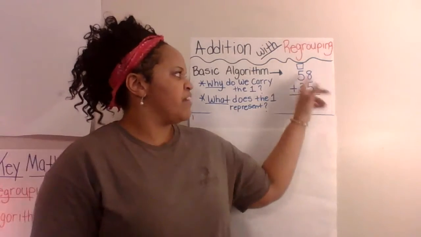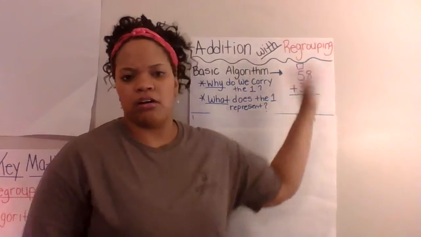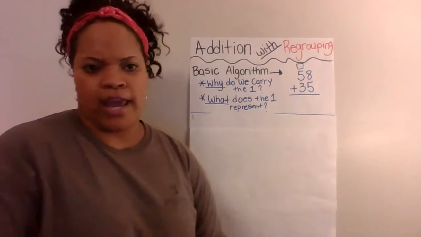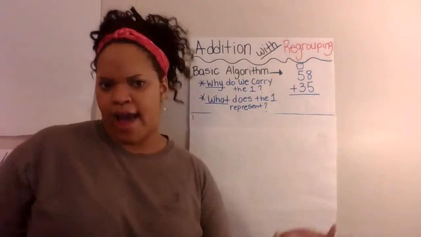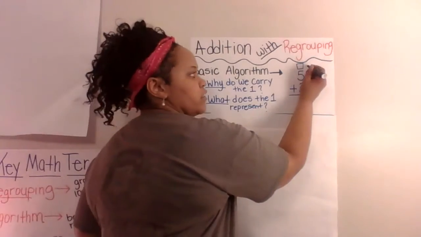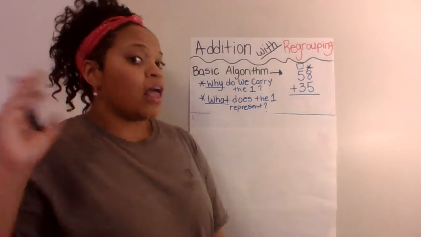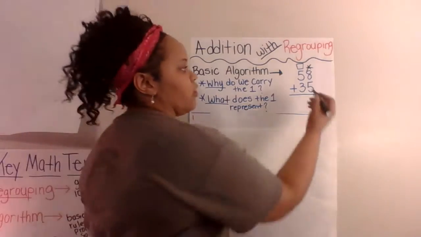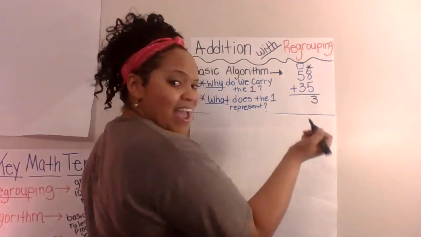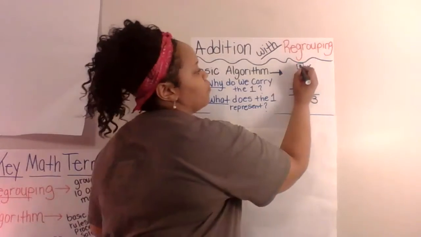We would say, okay, 58 plus 35. So I hear students saying, well, let's go ahead and add. We always start at the ones place. So 8 plus 5 equals 13, exactly. So I write my 3 and I carry my 1.